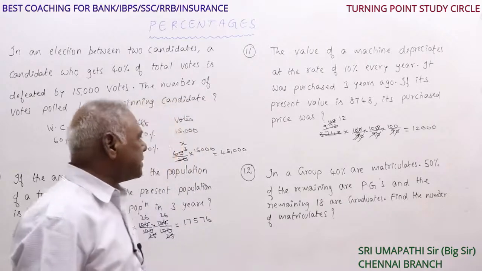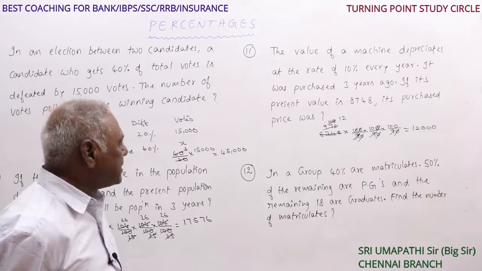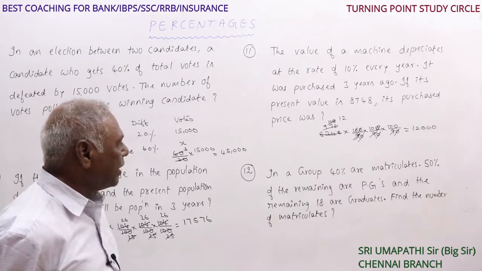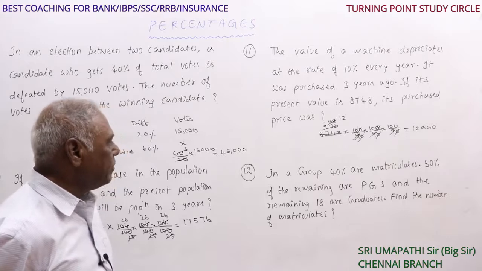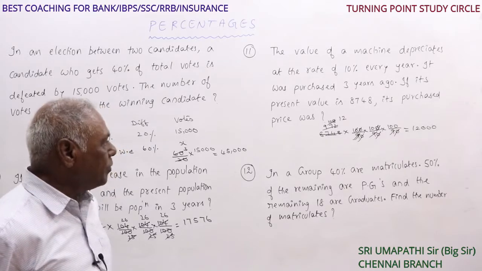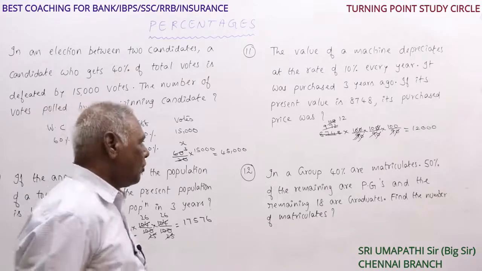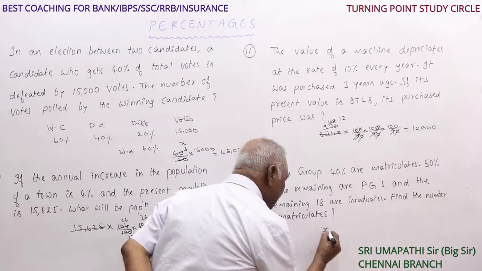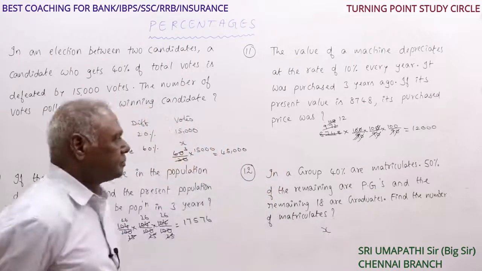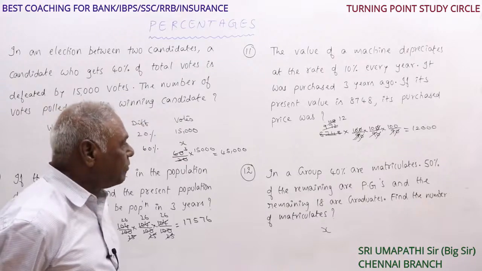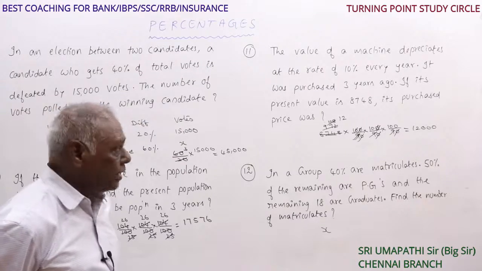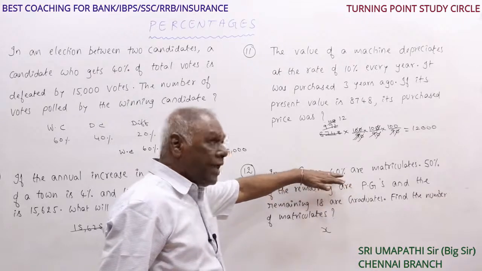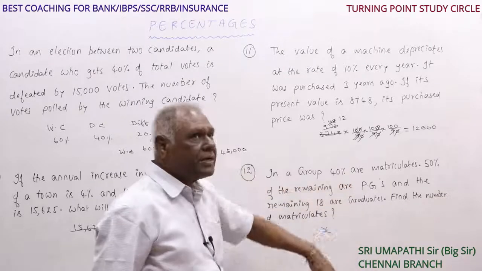In a group, 40% are matriculates, 50% of the remaining are PGs and the remaining 18 are graduates. Find the number of matriculates. So in a group 40% are matriculates. We do not know how many members are there in this group. Let them be X. As the matriculates are 40%, the remaining is given, so we have to take into consideration the remaining percentage.